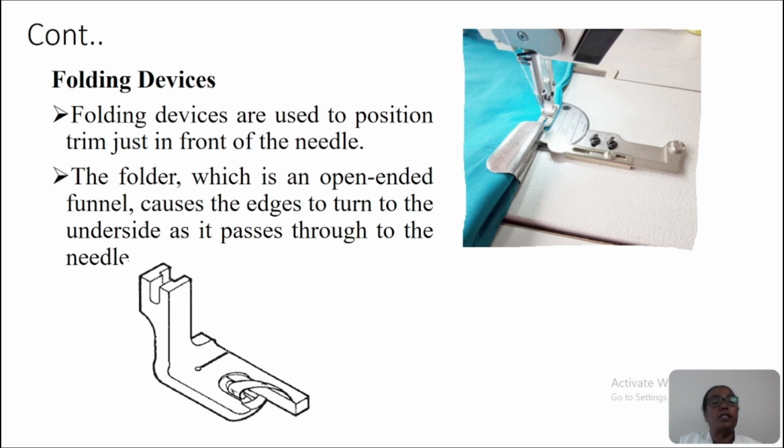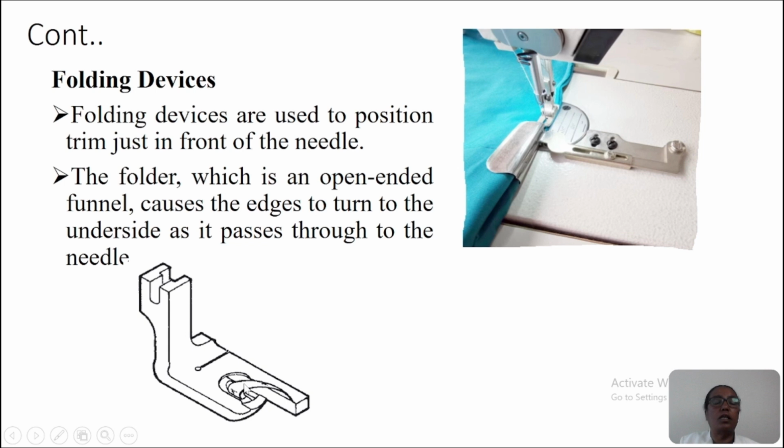Another work aid is the folding device. This is the folding device to fold the fabric, not using your tactile sense but using these guides or folders to fold the fabric. And this one is a pressure foot, which is used to fold the fabric.